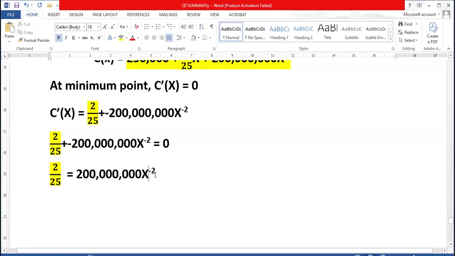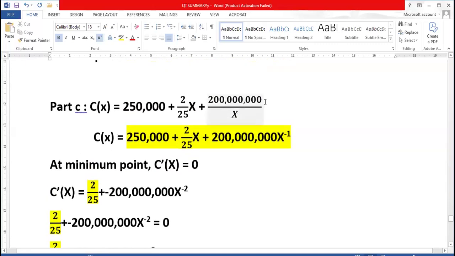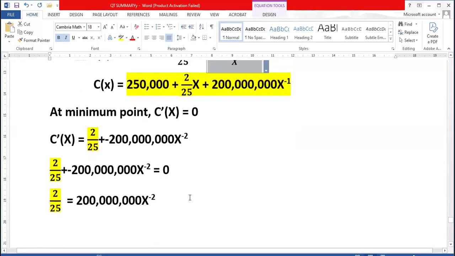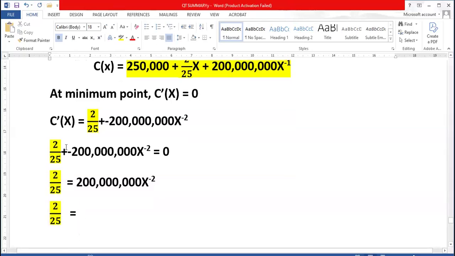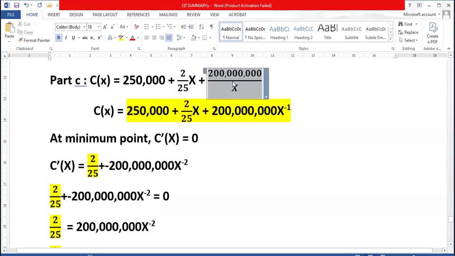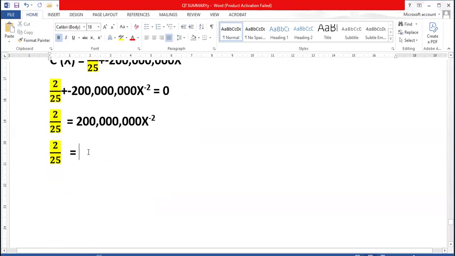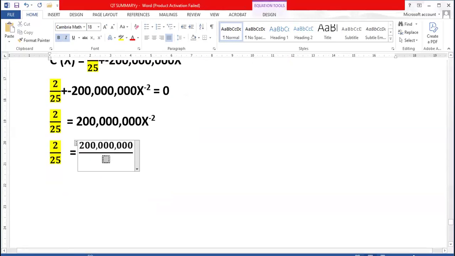At this point you again introduce the denominator. 2 over 25 will be equal to, if I rearrange, I reintroduce the denominator.